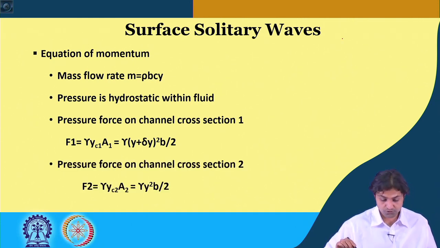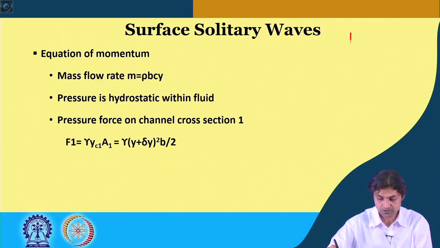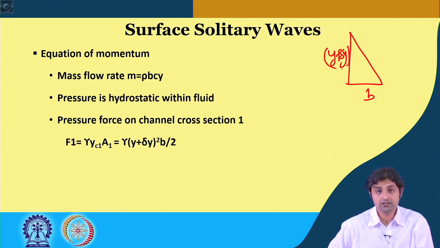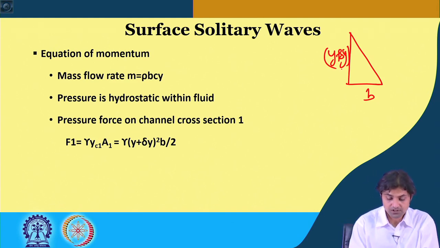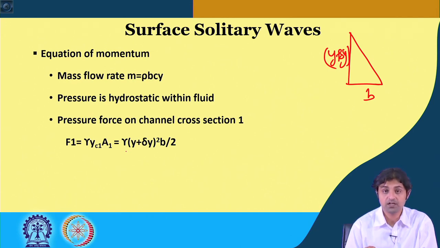I will just show you. This was the height. If you remember the pressure diagram, it comes to gamma into y plus delta y whole square b by 2.